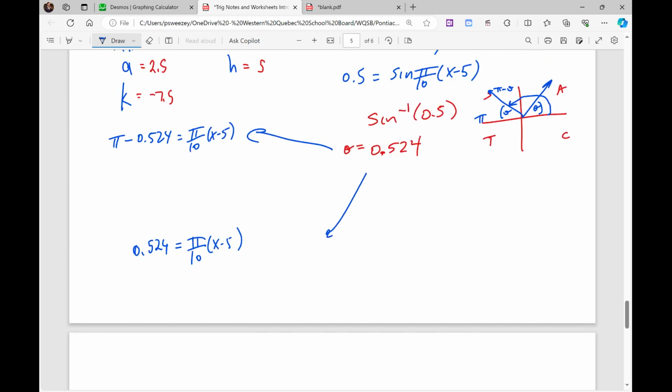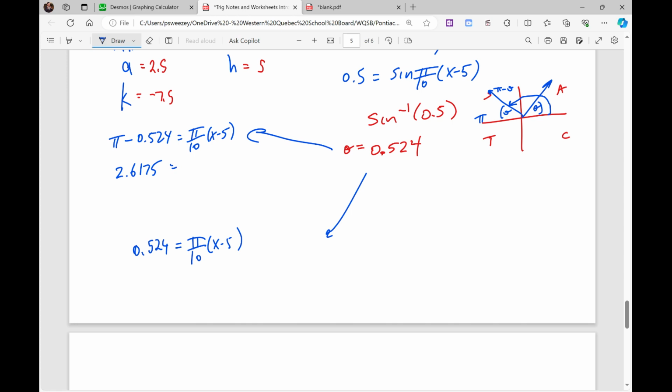So how does this work out now? Let's just get into our decimals. Figure out what these guys are. So 3.1415 minus 0.524 gives 2.6175.